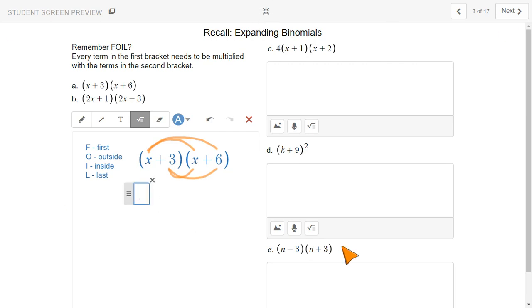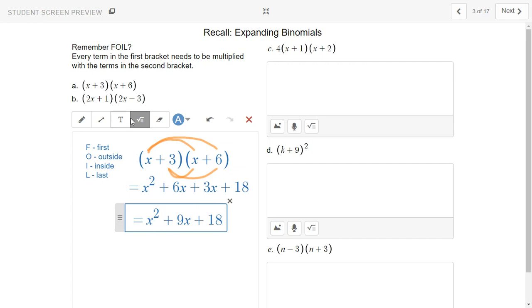So expanded, we have x squared plus 6x plus 3x plus 18. We're going to collect the like terms, so the middle two there, and we have x squared plus 9x plus 18.